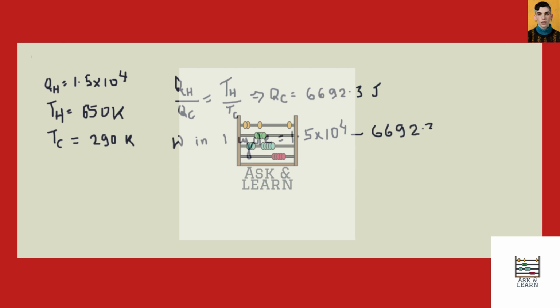So the difference is the work done by the engine in one cycle, and that comes out to be 8307.7 joules. So this much work is done by the engine in each cycle.